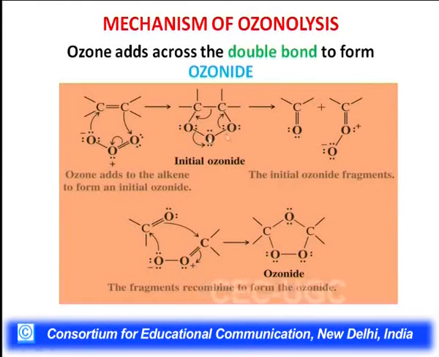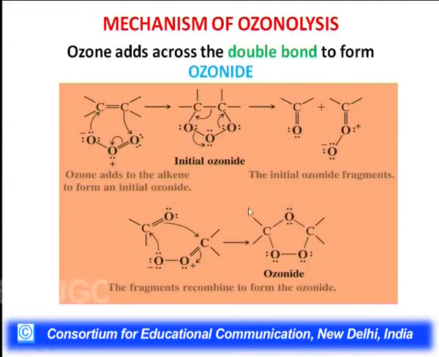So this monoozonide or initial ozonide cannot be isolated. How does it convert into the ozonide? First, it breaks into 2 fragments. One fragment is a carbonyl compound, as we can see here, and the other fragment is an ionized species. So first we get 2 fragments, and then these 2 fragments recombine to form an ozonide.